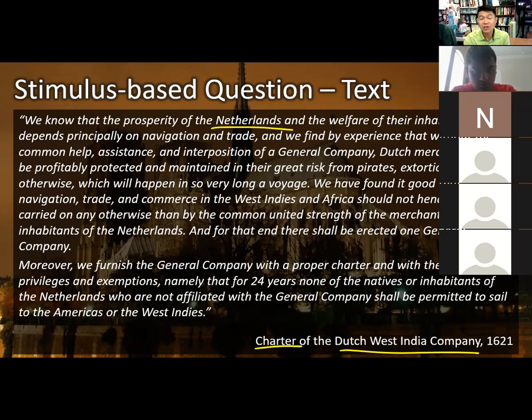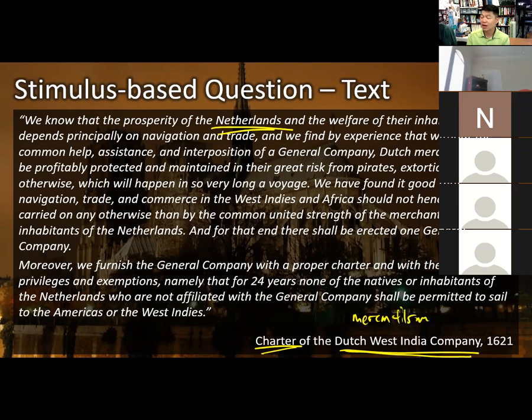So what's the context here? What do we know? What should you know about the Dutch West India Company, charters, and the Netherlands? What are some terms, some ideas you should figure out just from this? Mercantilism. Right, so you're going to have to eventually get terms such as mercantilism.